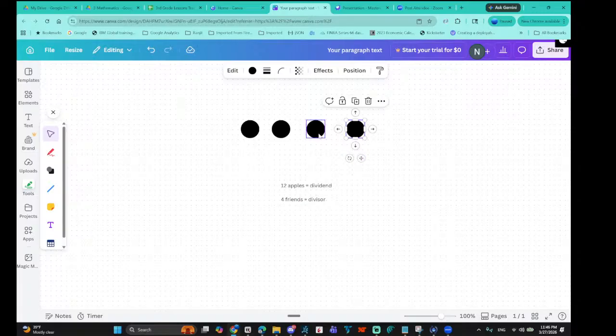So you have all of your 4 friends here, and then you have to divide your apples between these 4 friends. So for each tally mark that I create, that will be 1 apple going to each person. So let's count it here. 1, 2, 3, 4.